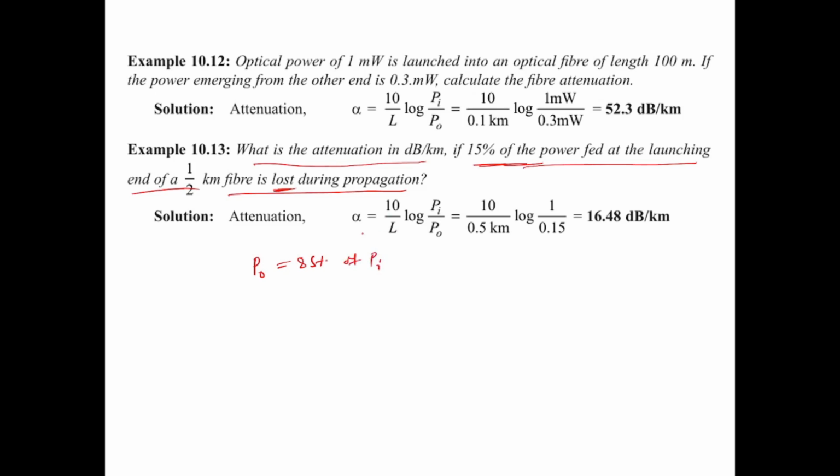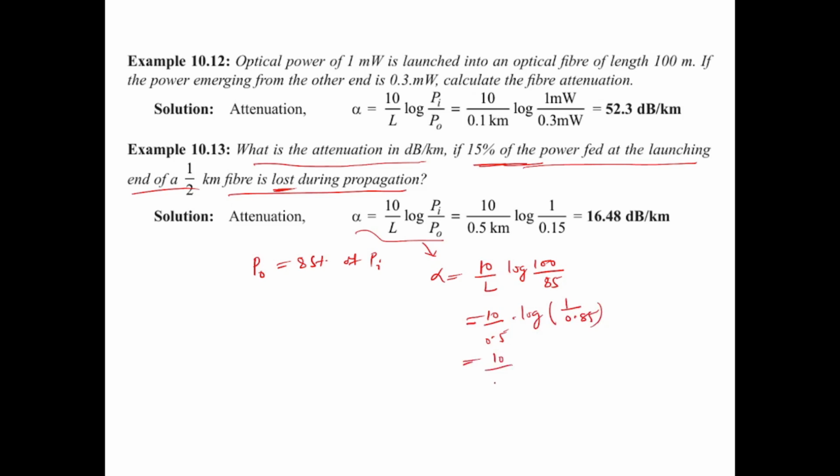If I use this formula, then alpha will be equal to 10 by L log, suppose Pi is 100, Po output will be 85. So alpha is equal to 10 by, here the length is half kilometer, that means 0.5 kilometer, into log of 1 by 0.85.